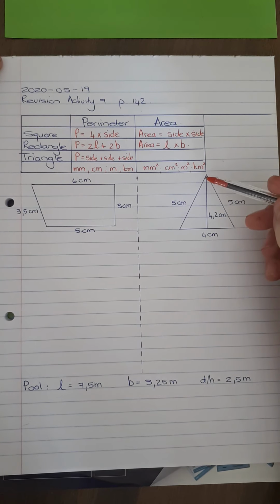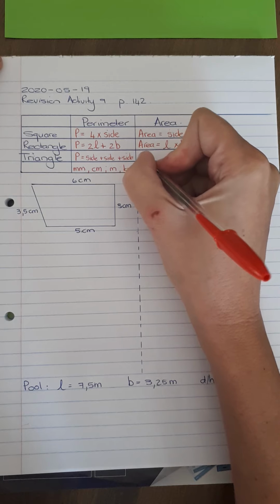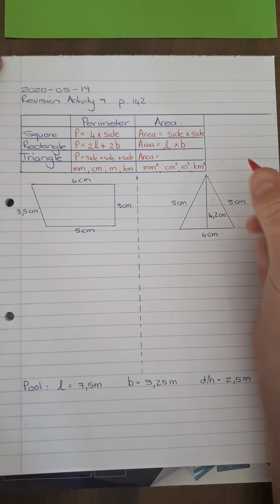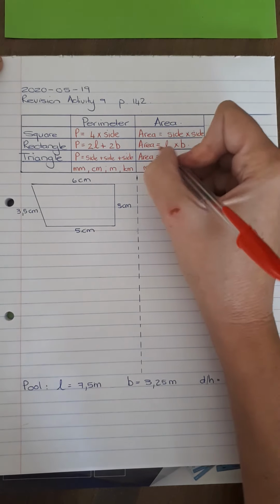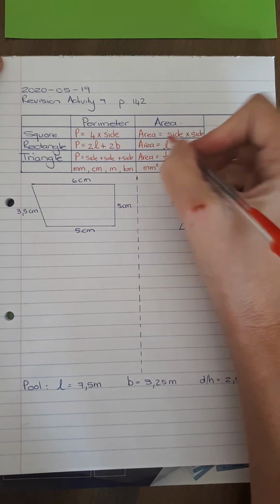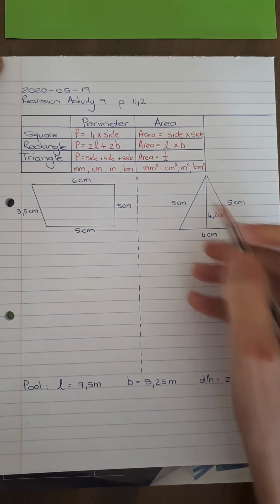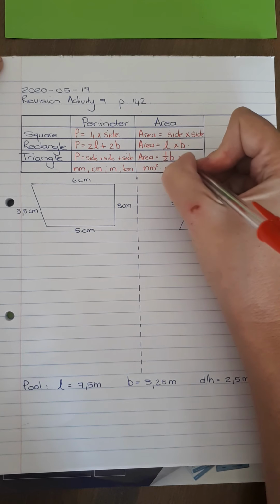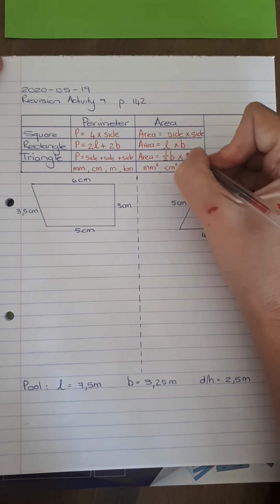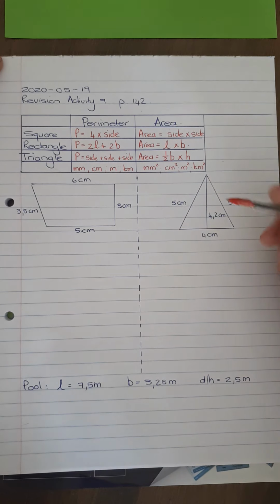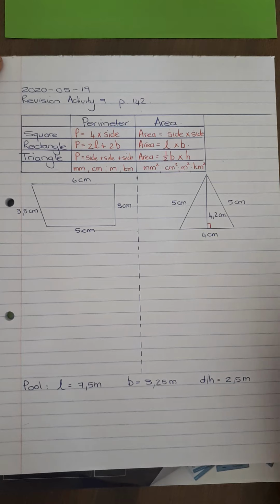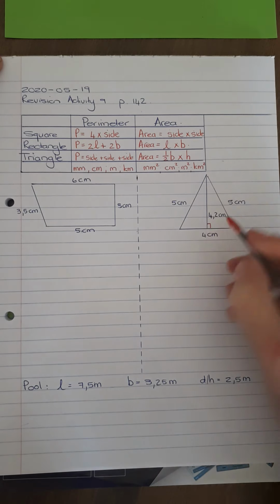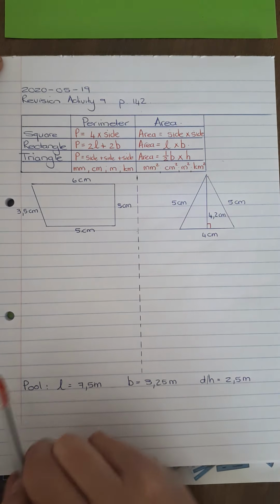And if I have to work out the area, my area for a triangle will be, remember, a triangle is exactly a half of a rectangle, and that's why we say half times the base times the height. And that's always measured on the perpendicular line. Okay, it must be the line that comes down perpendicular with your base.